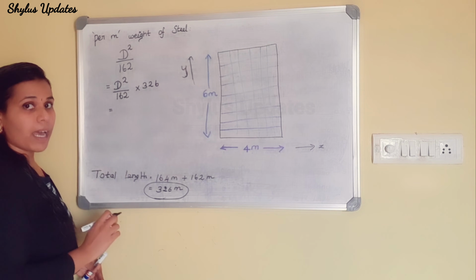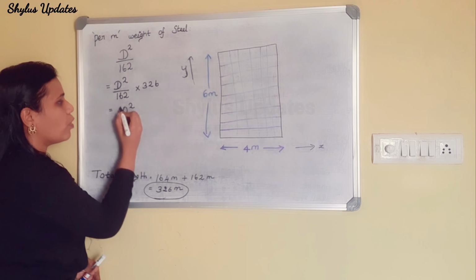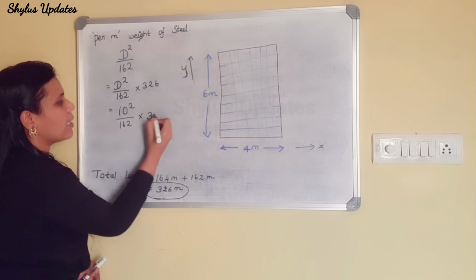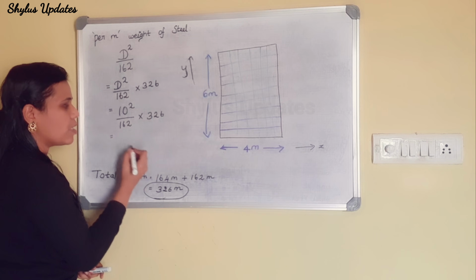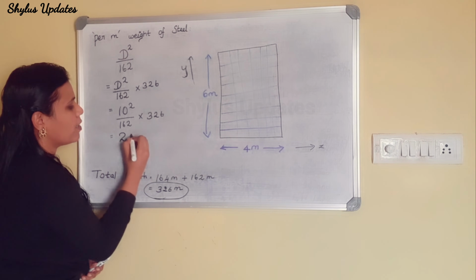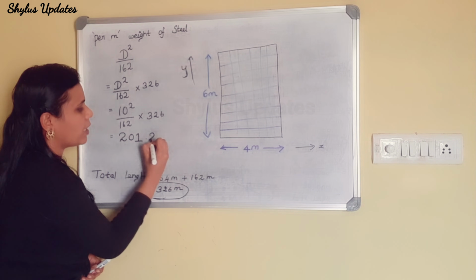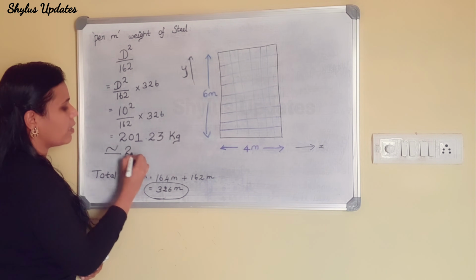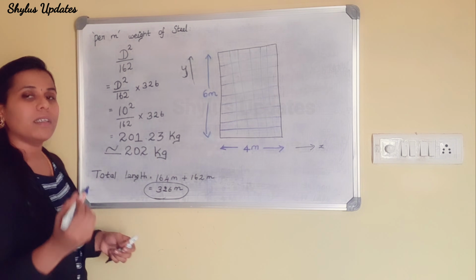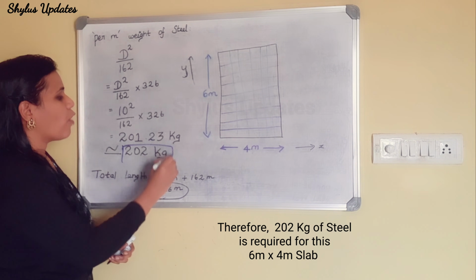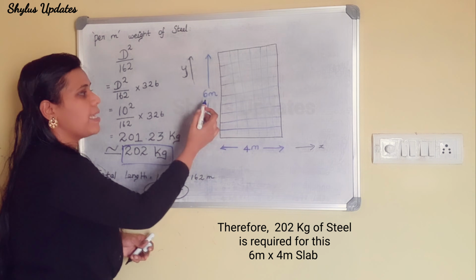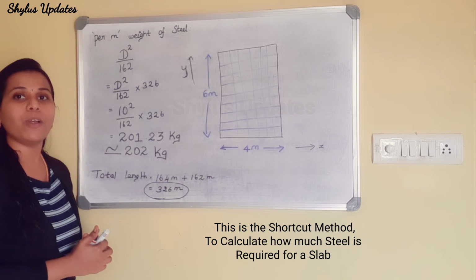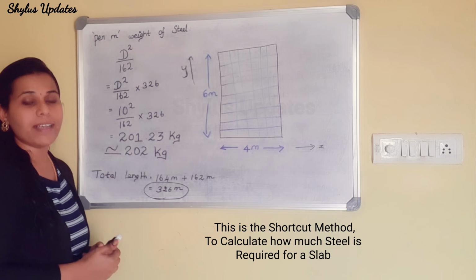We know the diameter of bar is 10. Therefore, 10 square divided by 162 into 326. When we solve this, we will get 201.23 kg, which is approximately equal to 202 kg weight of steel. Therefore, 202 kg of steel is required for this 6 meter into 4 meter slab. This is the shortcut way to calculate how much steel is required for a slab.